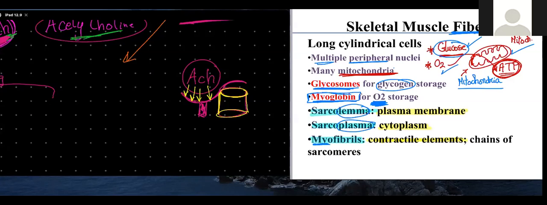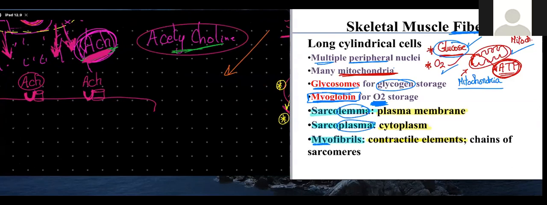This allows you to open the channel. So again, what allows you to open the channel is the attachment between the acetylcholine and its receptor located on the sarcolemma, which is the plasma membrane of the muscle cell. So you've attached the acetylcholine to the receptor, and you've opened the channels.